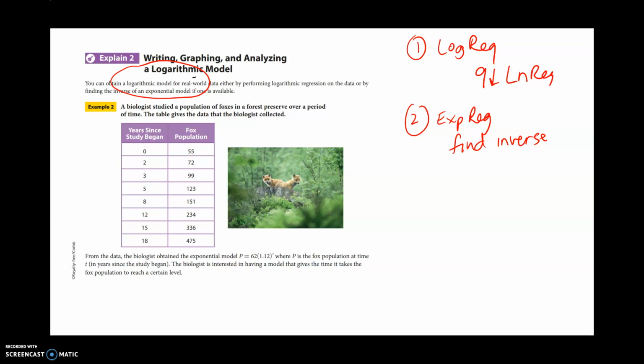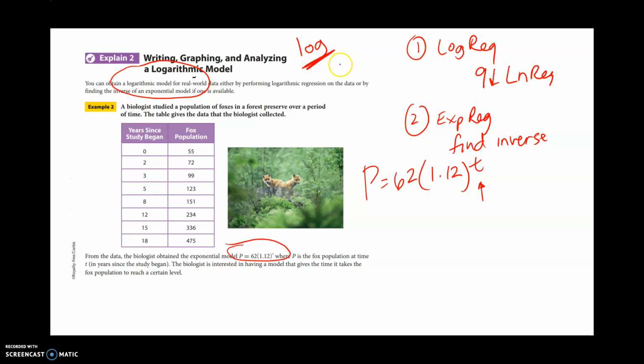So this biologist is studying these fox populations, and he actually does an exponential regression on the data, and he finds this. Okay? Now, he's interested in a model that instead of using time as the input, gets time as the output. So guess what? We can go and find a log function, right?